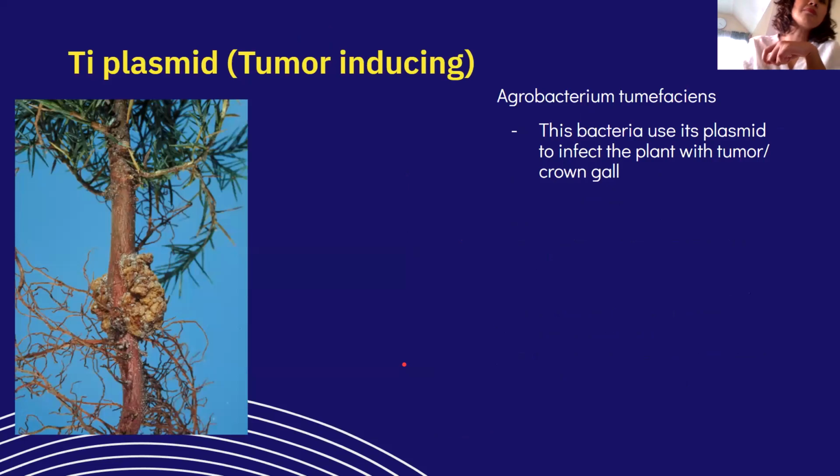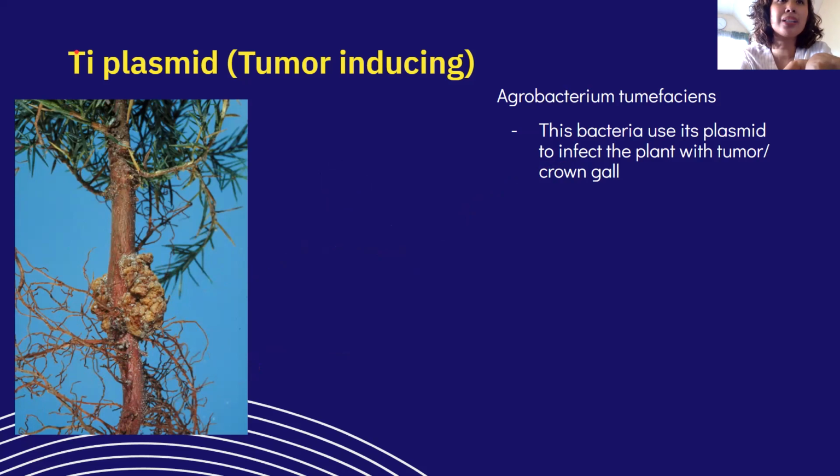So next, another plasmid. This one is for plant cells. It's better to insert this plasmid into plant cells. So this plasmid is from Agrobacterium tumefaciens. This bacterium, guys, once it encounters a plant, its plasmid will enter the plant and will cause a tumor in the plant, which is called crown gall.